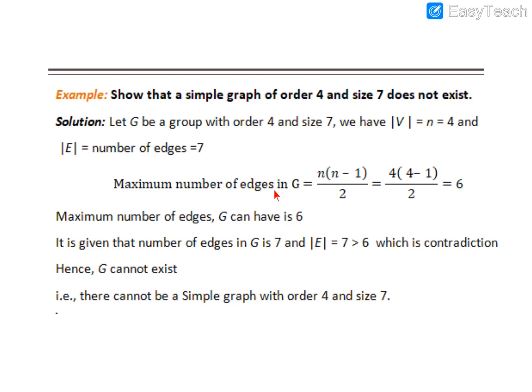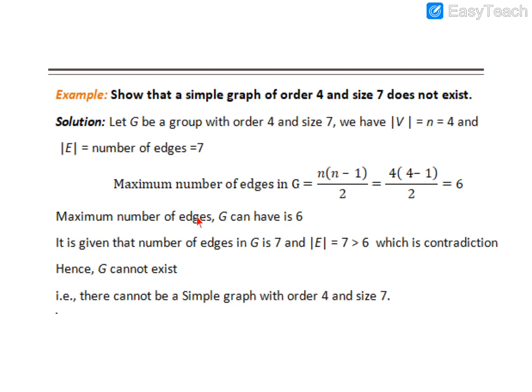Now the maximum number of edges in a graph G is n into n-1 by 2, and with n equal to 4, we get 4 into 4 minus 1 by 2, which is equal to 6.